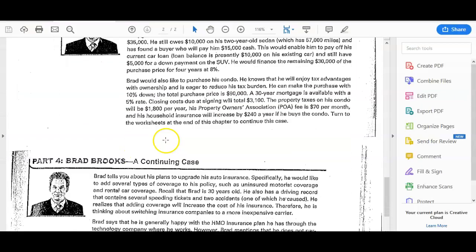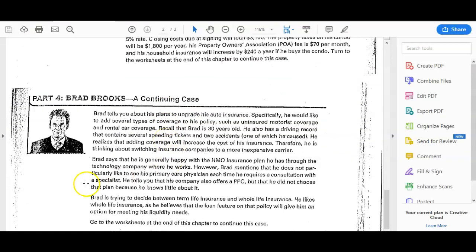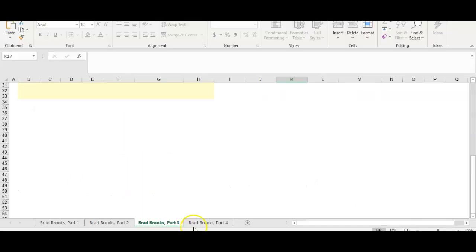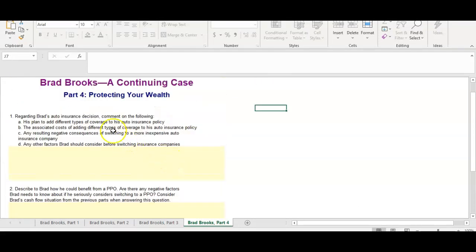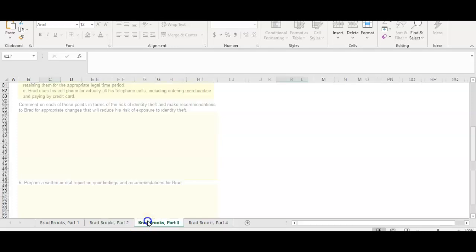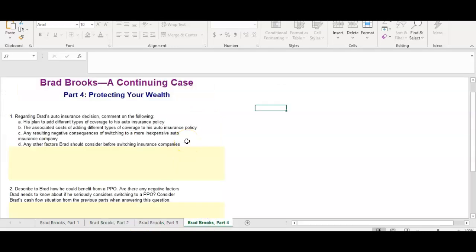And then last, for part 4, there's additional information about Brad, about his auto insurance, etc. You read this information, come back to the Excel spreadsheet, and just complete these last few questions for part 4 on how to protect your wealth. So once you complete part 1, 2, 3, and 4, you're going to save the Excel file.